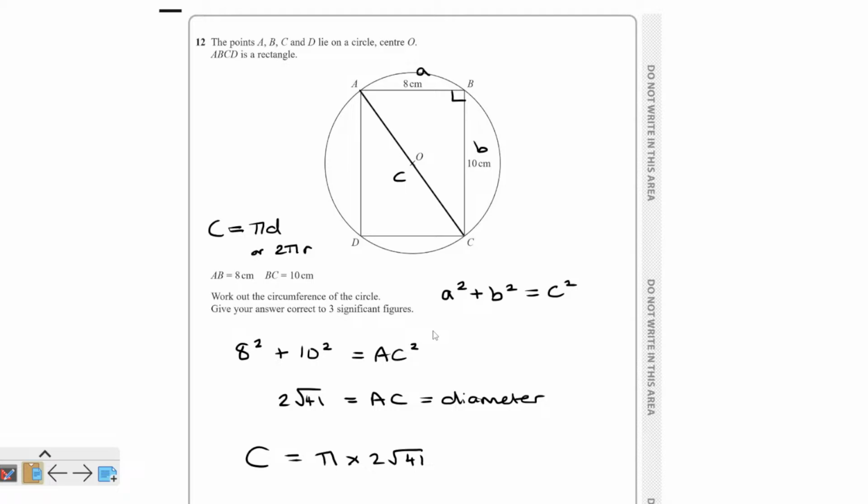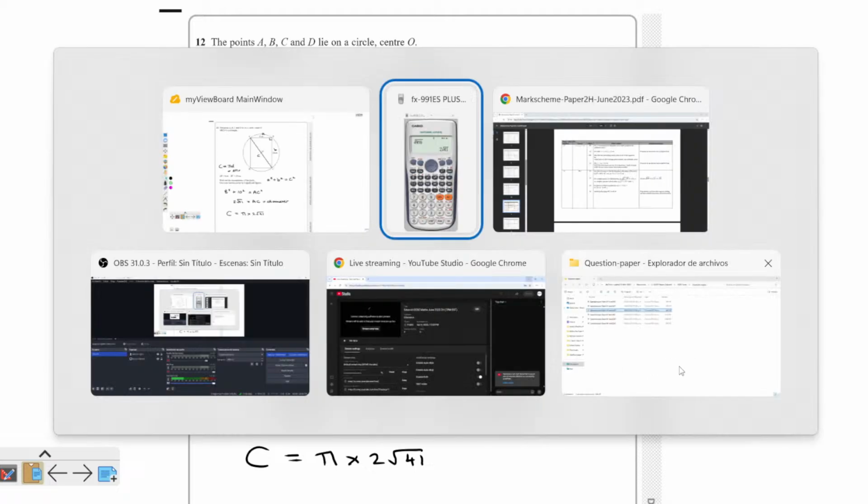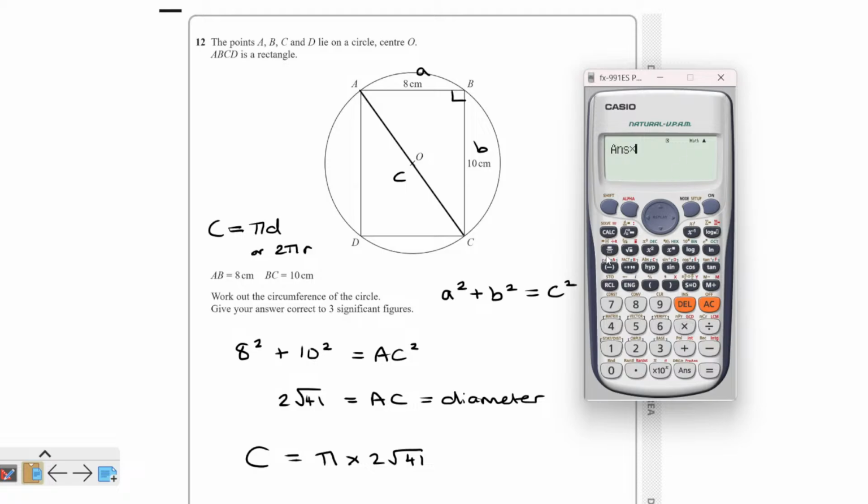So I'm going to multiply that in my calculator. Take my answer, multiply by pi. There's my decimal answer, 40.232... Now they've asked for 3 significant figures, so 40 is 1, 0 is number 2, 0.2 is number 3, and the digit after that is a 3, so I can round it down to 40.2.